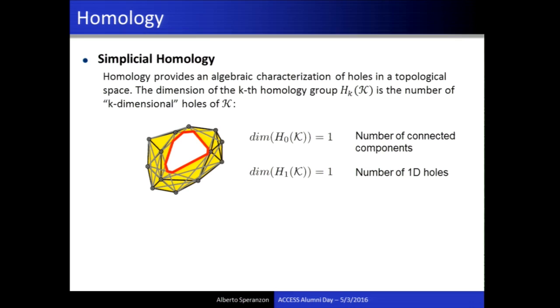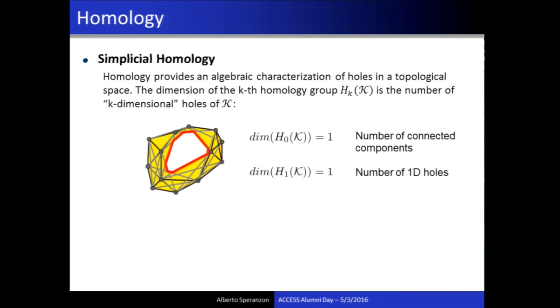For example, the zero-dimensional homology's dimension is the number of connected components. So in this case, we have a connected simplicial complex. The one-dimensional homology, if you take the dimension, is the number of one-dimensional holes. So in this case, it is this hole here.